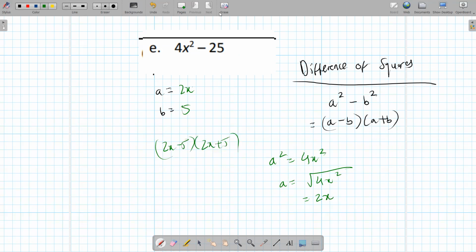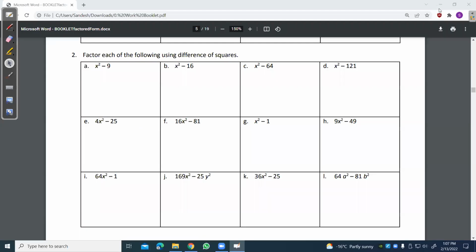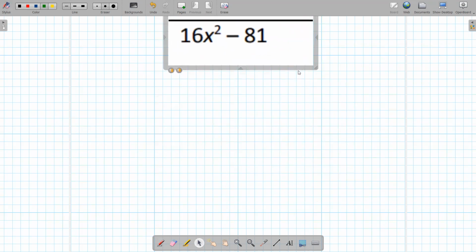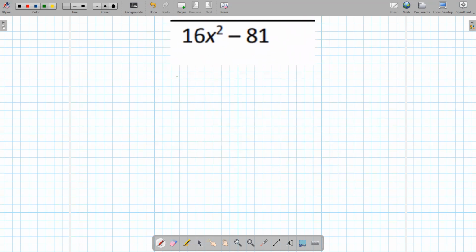Same idea here. What is a? And it's not 16x. Is it 4x? Yes, it is 4x. What about b? 9.